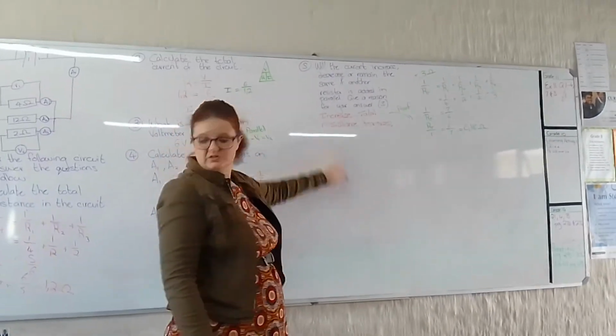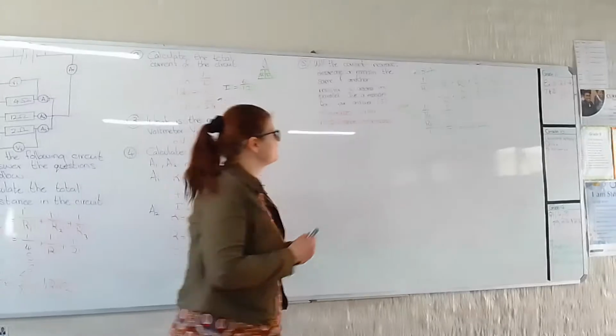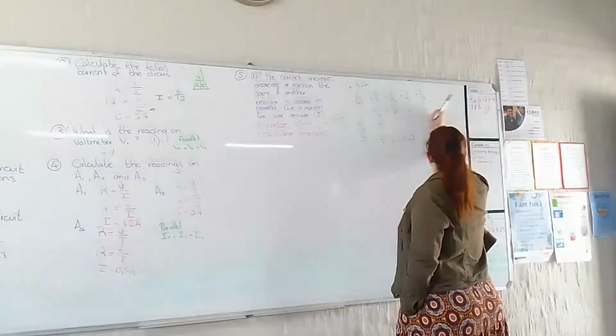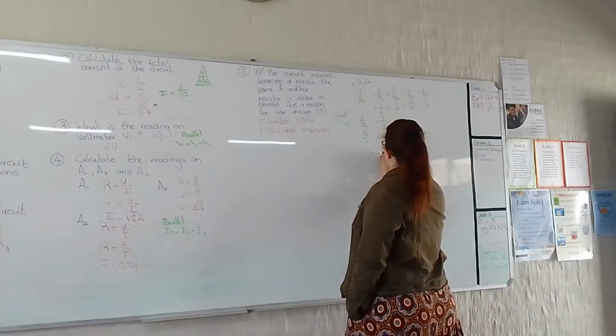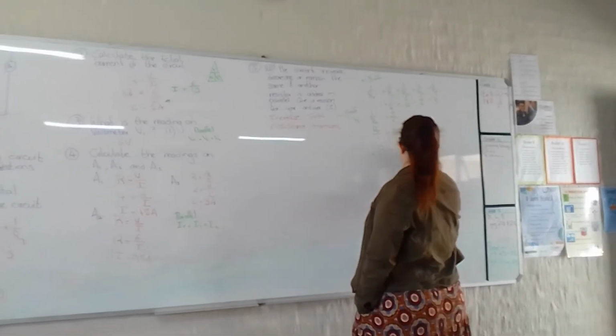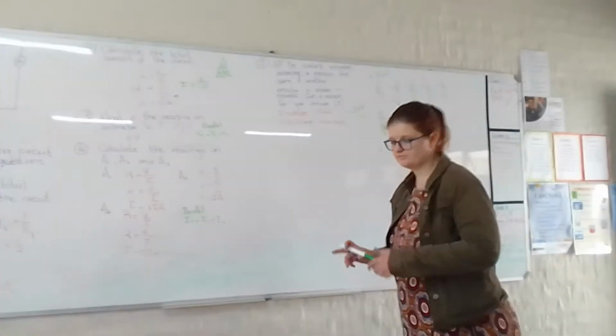So if my total resistance decreases, then I use my formula: R is equal to V over I. If total resistance decreases, then current must increase.